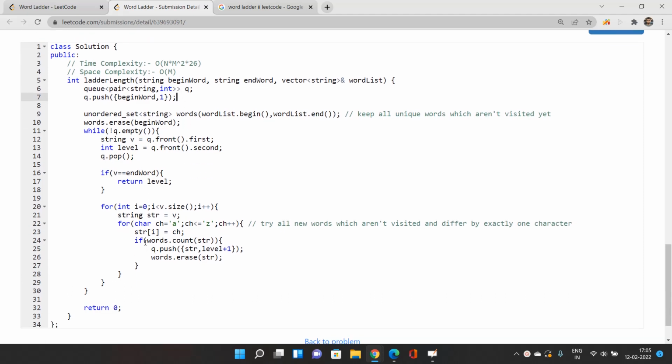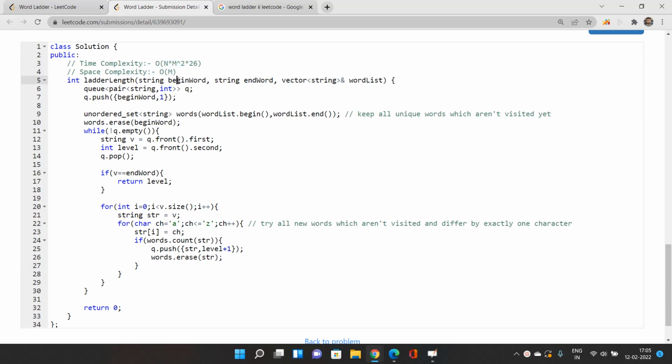Whenever you're searching with words.count(str), it is doing an O of 1 operation, right? But when you're matching the exact string, it will match from the starting position to the end position. Searching in the set takes O of 1 time, but matching the string takes O of m time. So it will be O of n m squared into 26.